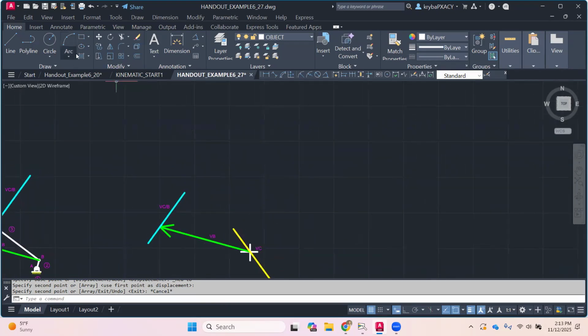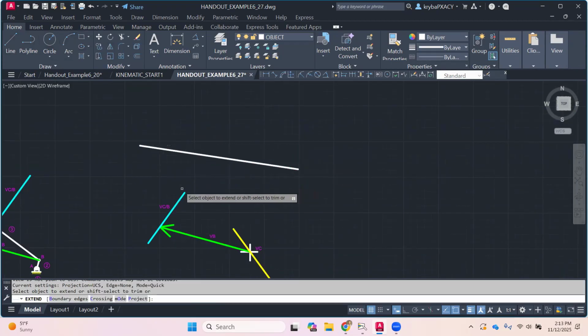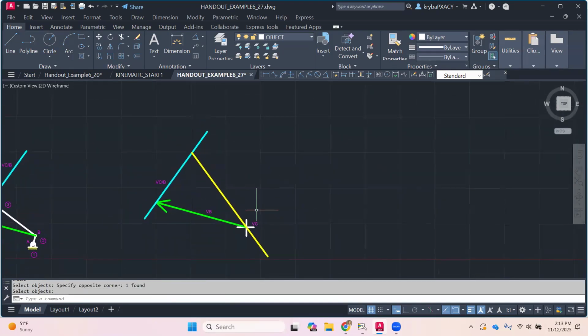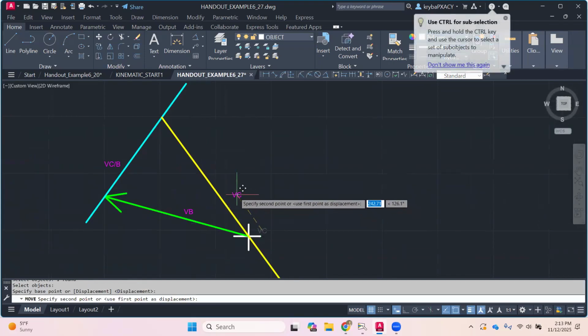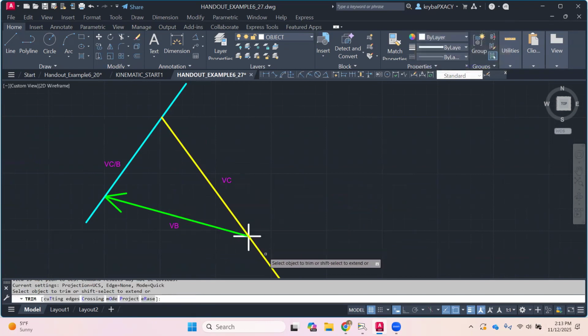Okay. So I need to just make a line. I'm going to make kind of a generic line like this so that I can extend these lines so that they cross. I just needed a line out here. Otherwise, AutoCAD isn't going to extend anything. So now that I have this intersection, I can move things around here and trim off the parts that I don't need.